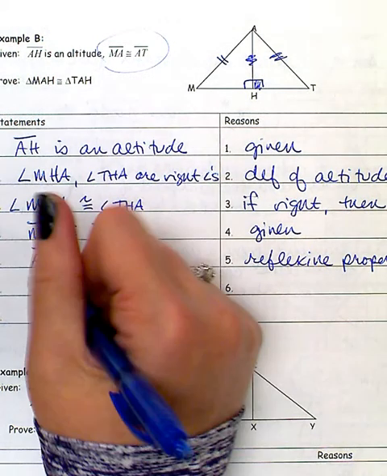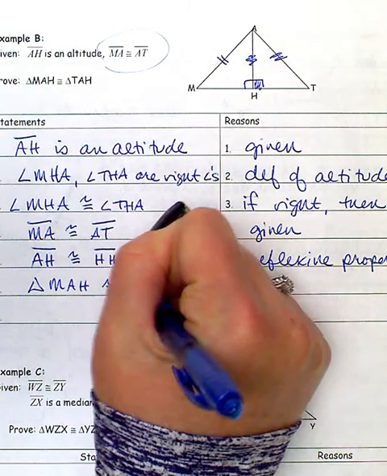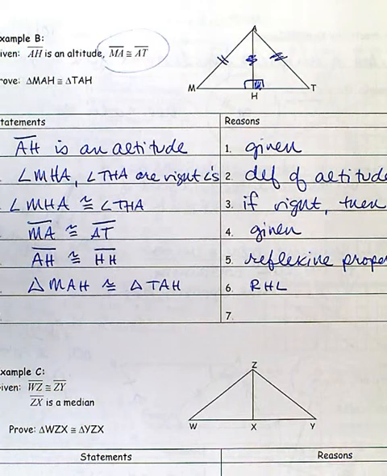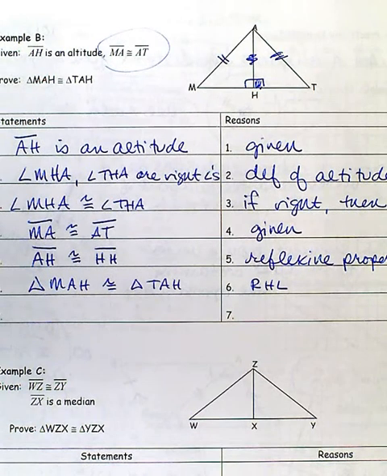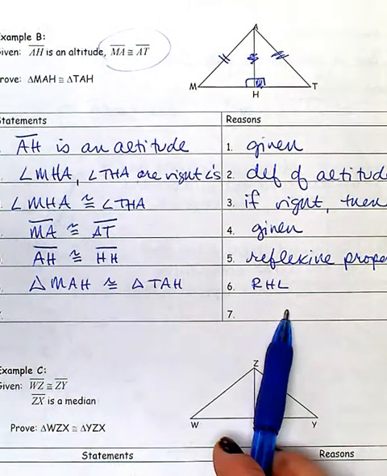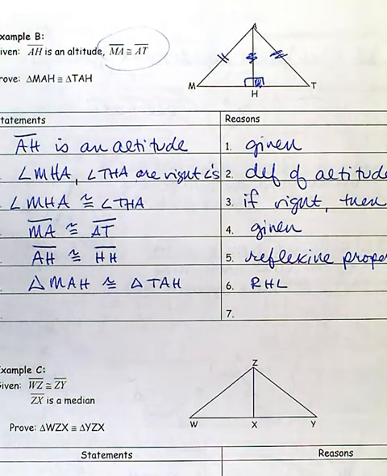So, triangle MAH is congruent to triangle TAH because of RHL. So again, what I was referring to earlier, if I split up this reason, then I would use all the lines. The lines are just there as a guideline, so don't get caught up that you have to use every single one, but at the same time, you know, proofs do generally take 3, 4, 5, 6, 7 lines.